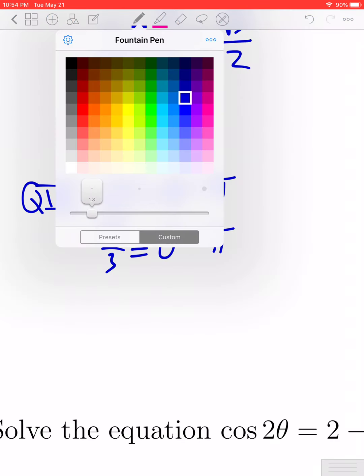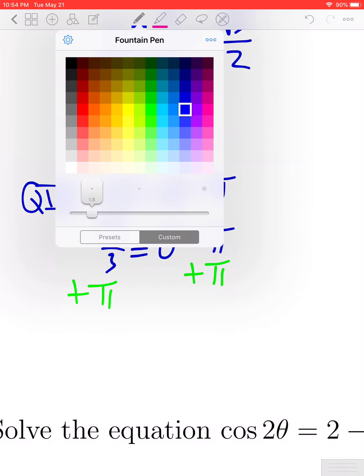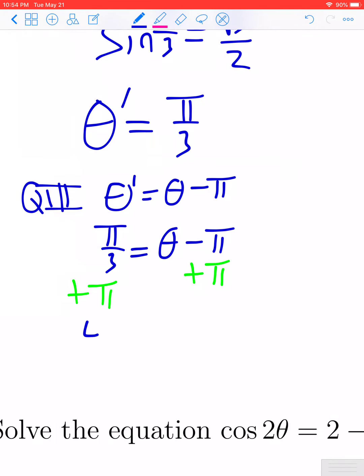To get theta by itself, all you would simply have to do is add pi to both sides. So add pi, and after getting a common denominator, pi over 3 plus pi is going to be equal to 4 pi over 3. So one solution that's going to work is the third quadrant angle 4 pi over 3.